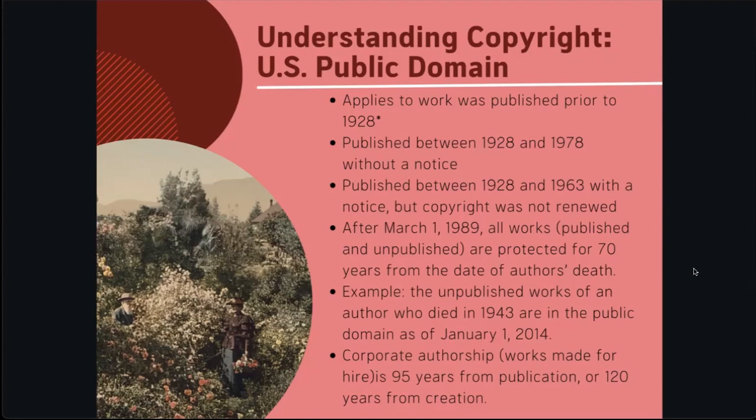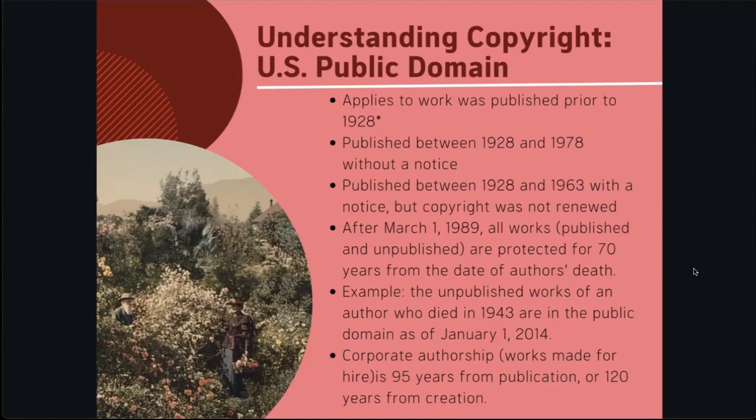So just because it was published prior to 1928 doesn't necessarily mean that it's not held in the estate of someone. And that estate will come and sue you even though the person is dead. So that's something to keep in mind. Another thing is work published between 1928 and 1978 without a notice, which means that they didn't register it with the Patent Office.